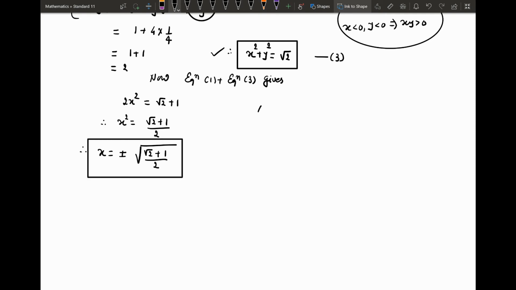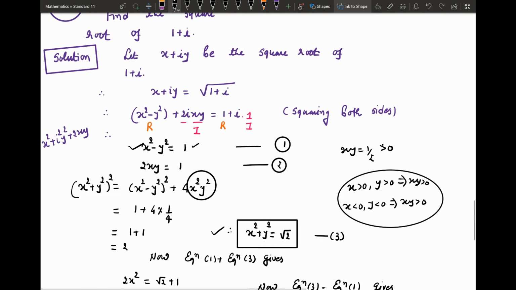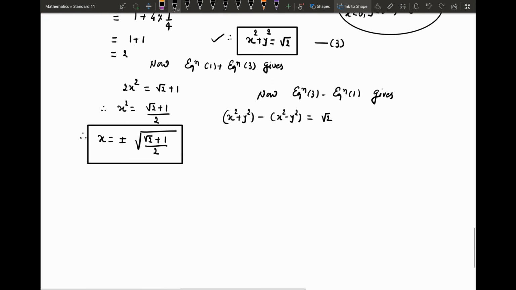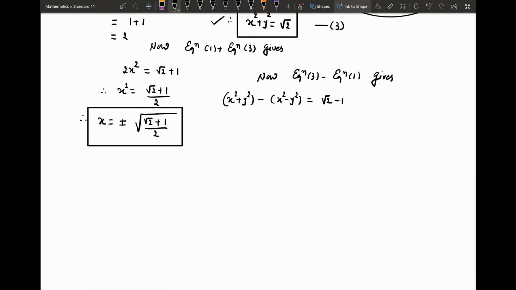Now equation 3 minus equation 1 gives: equation 3 is x square plus y square, minus equation 1, x square minus y square, right hand side root 2, and here it is 1, so root 2 minus 1.